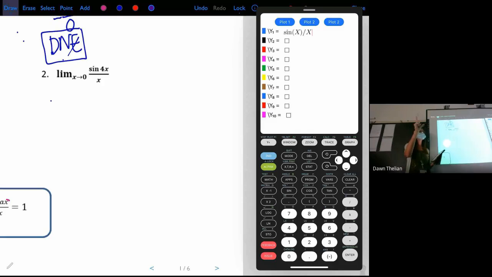If you multiply a different constant into either location, that constant is going to take over, and it will multiply where it is. So if it's in the sine function in the numerator, it's going to be times 4. If it's in the denominator, it's going to be divided by 4.